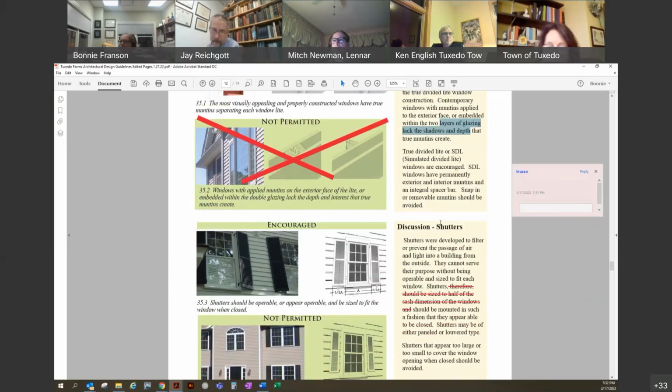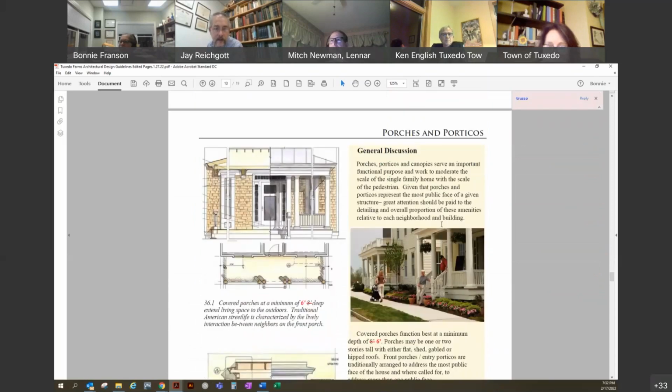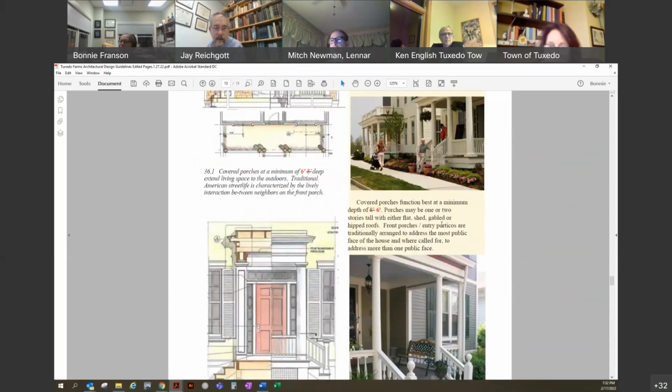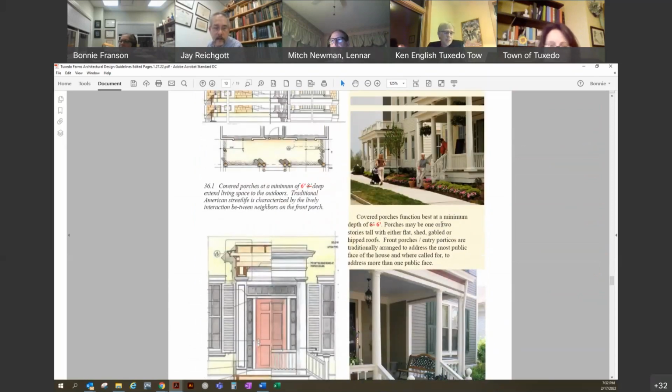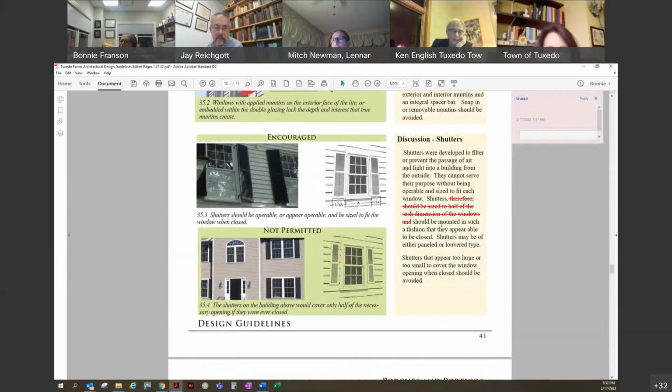Yep. So we capture these kinds of things and don't have crossouts that create double negatives. I agree with that. Can you scroll back up, Bonnie? I wanted to see if there were changes to the shutters.